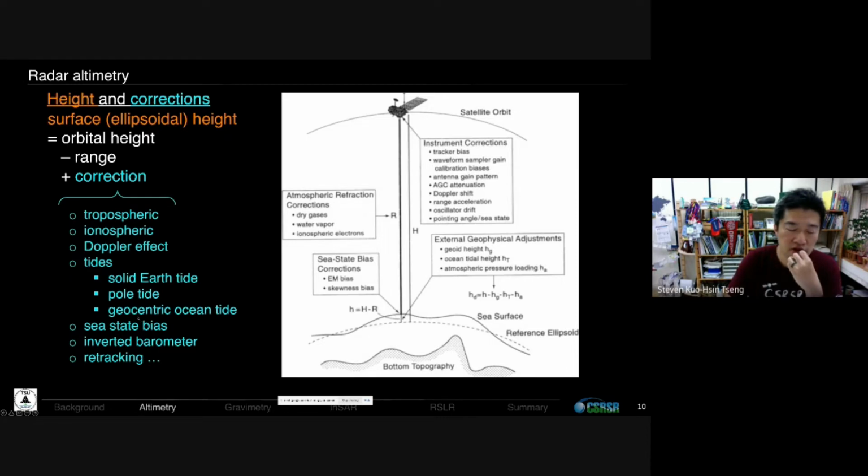Correction is also very important in altimetry, because when we want to measure at centimeter level accuracy, once there's a very strong ionospheric anomaly or very strong troposphere activity, the accuracy will be deteriorated. It's basically worse than 10 centimeters, or even up to 20 centimeters, without good correction.